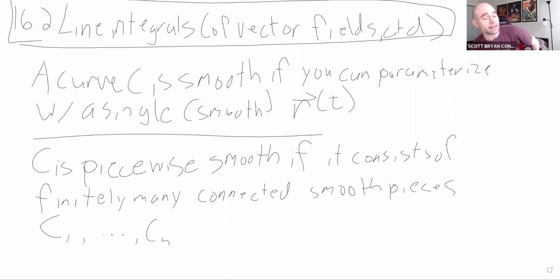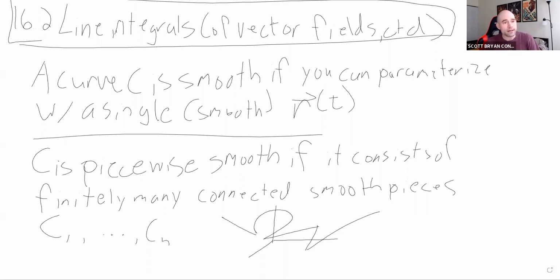So if it consists of finitely many pieces, C1 up to Cn, something like this, right?